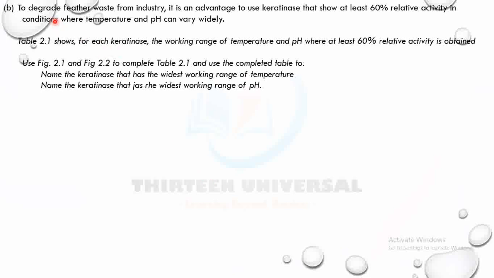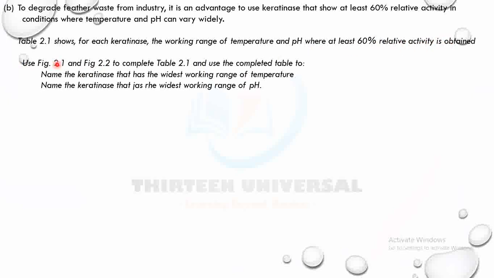To upgrade feather waste from industry, it is an advantage to use keratinases that show at least 60% relative activity where temperature and pH can vary widely. The table shows for each keratinase the working range of temperature and pH where at least 60% relative activity is obtained.